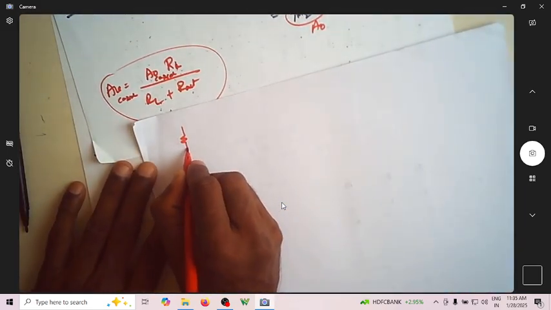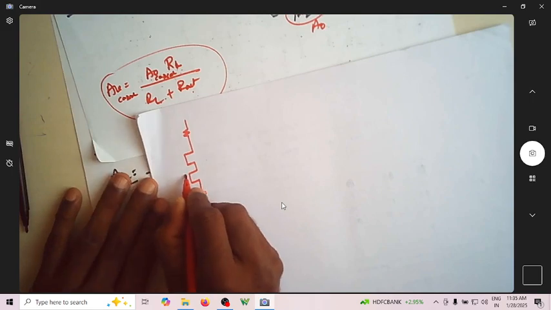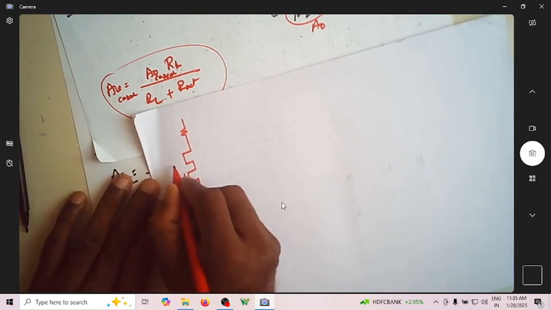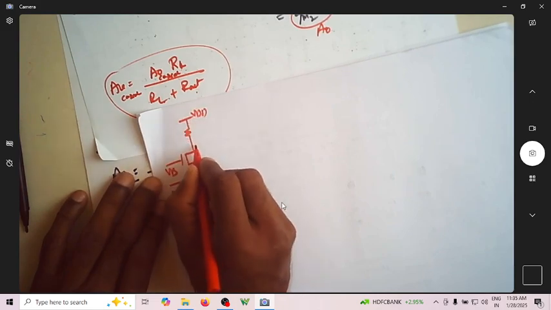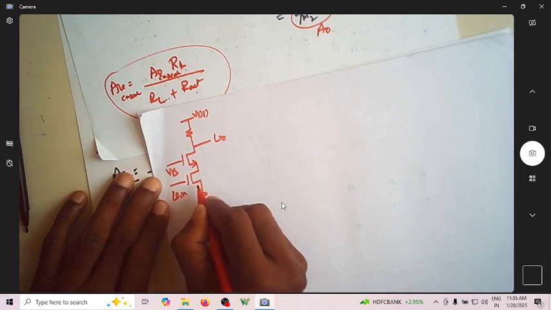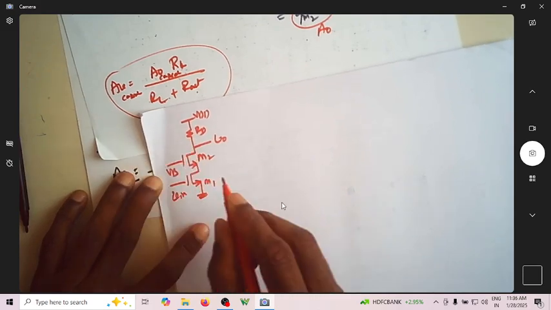Meaning I can have different varieties of cascode amplifier. This is my resistive load cascode amplifier. I'll ground it. This is Vin, VB, this is VDD, V0, M1, M2, this is RD.